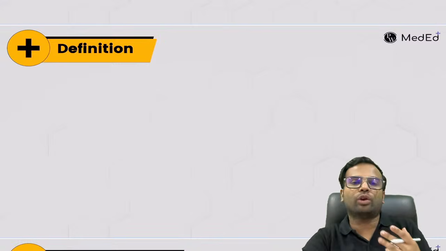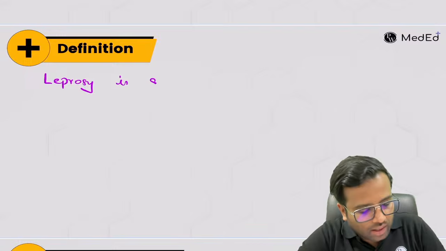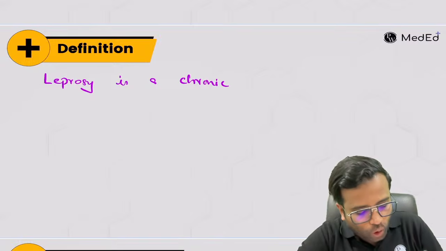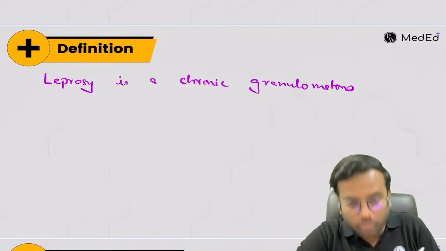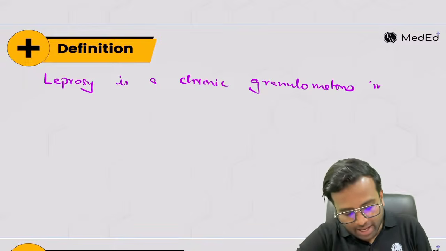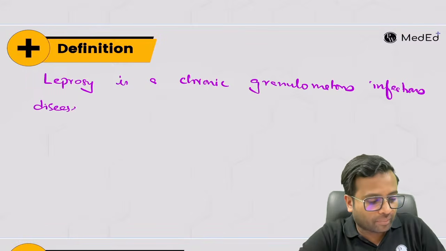So let's see how do we define leprosy. Leprosy is a chronic granulomatous infectious disease, isn't it?